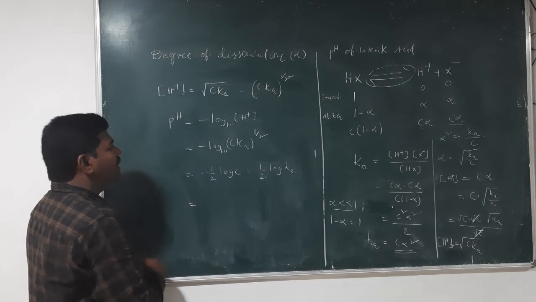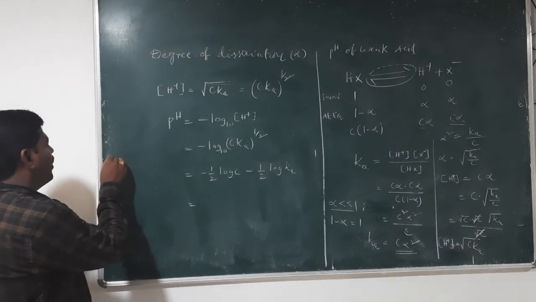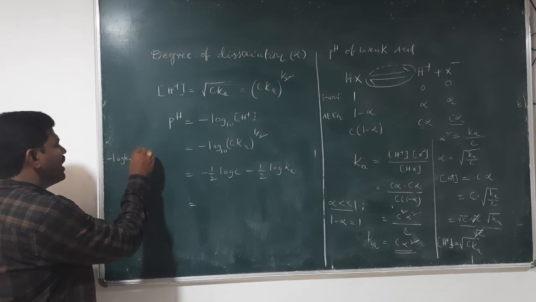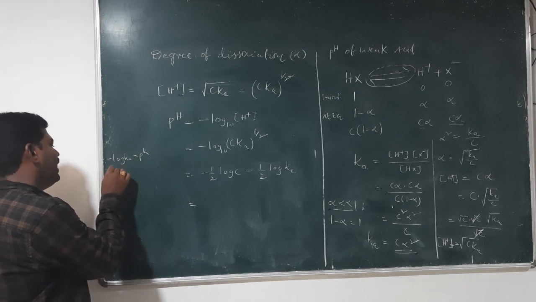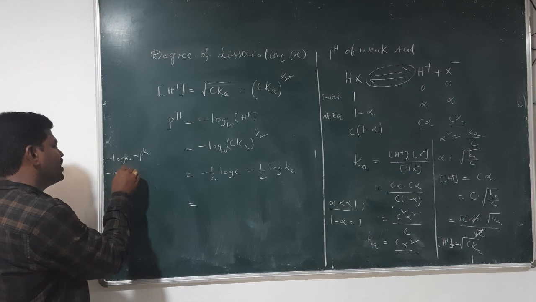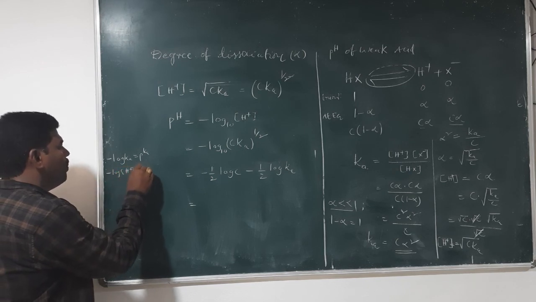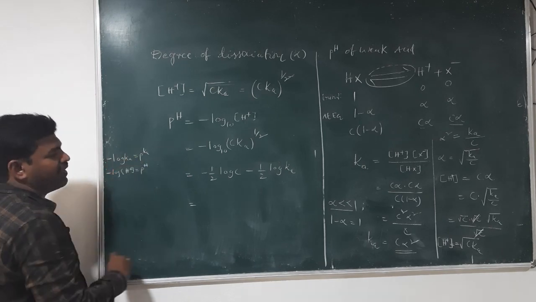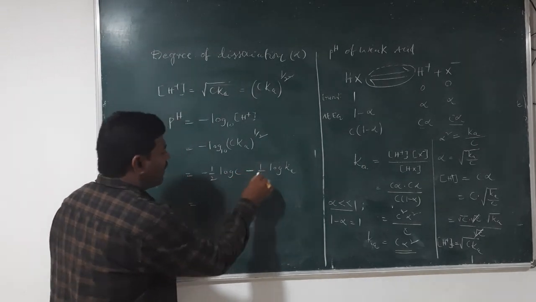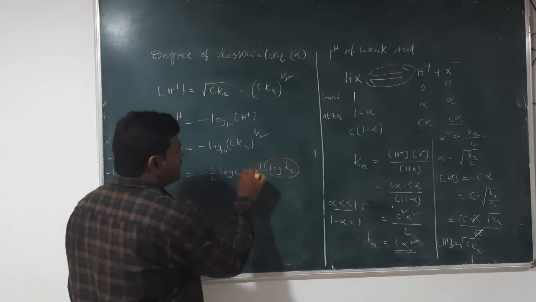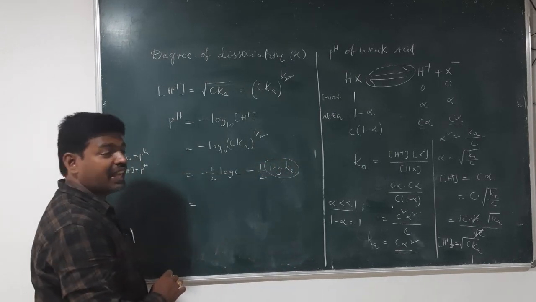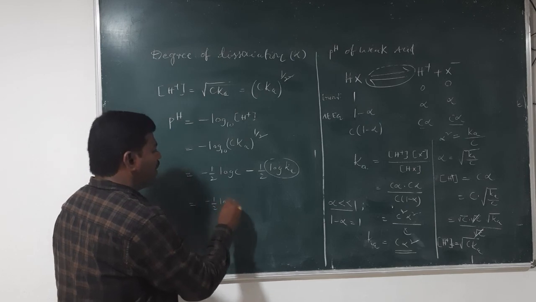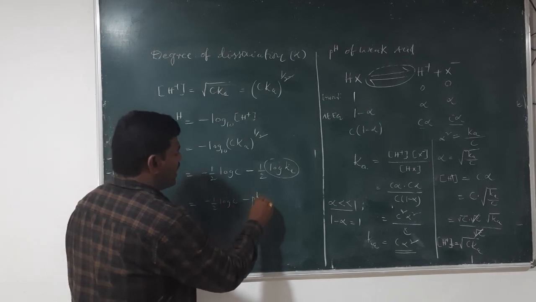We know that minus log Ka is equal to pKa, or minus log concentration of H plus ions is equal to pH. Similarly, minus log Ka is equal to pKa. So, minus 1 by 2 log C, and minus 1 by 2 log Ka is pKa by 2.